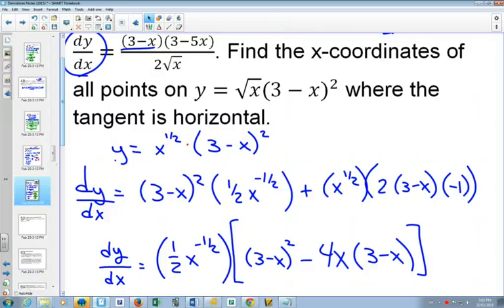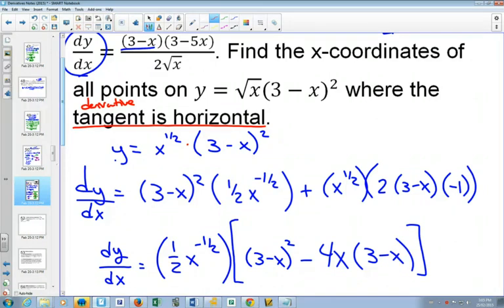So now that we've got our derivative, what do we know about tangents and horizontal? So we want a flat line. First of all, the tangent, well, that's connected to the derivative, because the derivative is the slope of all the tangents.